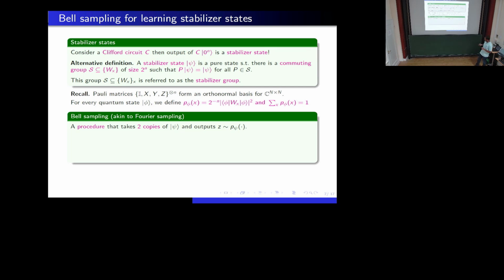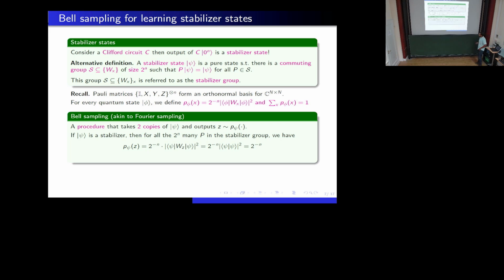Now, if psi is a stabilizer state, then there are only 2 to the n many Paulis in the stabilizer group that stabilize the state. So if you write this expression out, what is p psi of z? It's just this expression by definition. If W_z stabilizes psi, then W_z times psi is exactly psi, because it's a +1 eigenvector, and psi inner product psi is just 1, so it's 2 to the minus n.